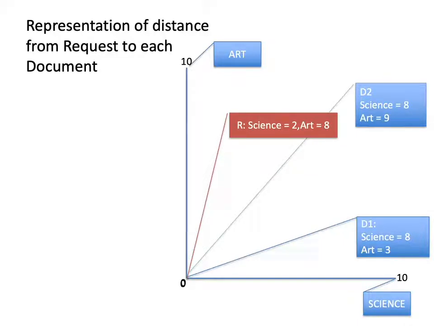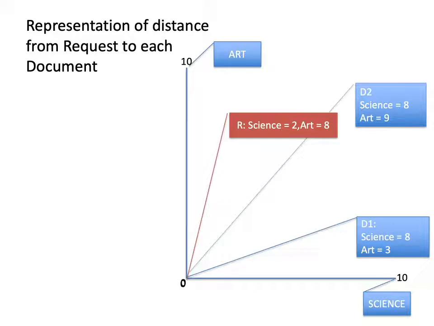Document 1 is that far away, document 2 is that far away. Document 2 arrow looks shorter. So I would guess that by measuring distances, I'm going to find out document 2 is closer than document 1.